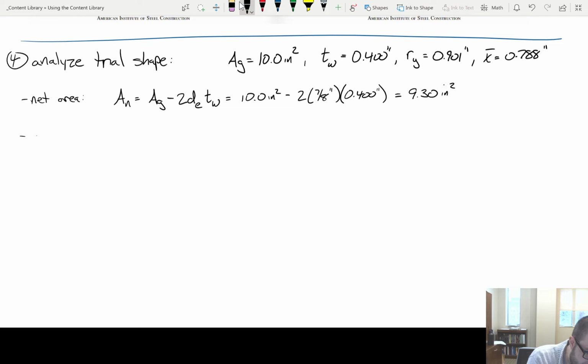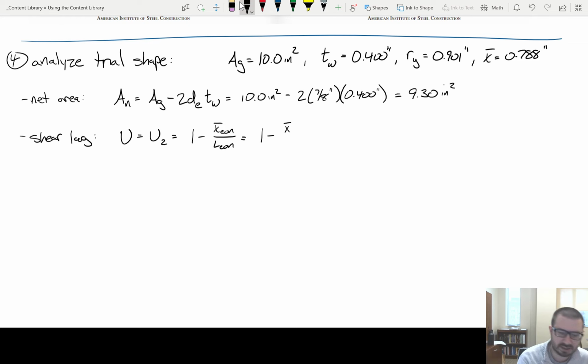For shear lag, there's only going to be one case for this channel that applies, and that is going to be case 2. And so for this, x bar is the x bar for the channel.